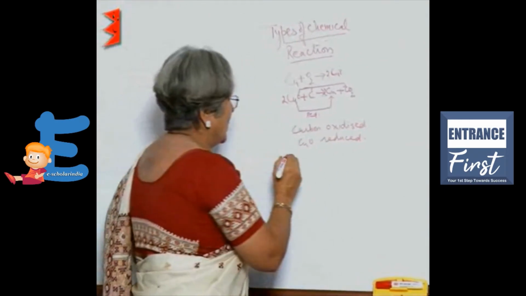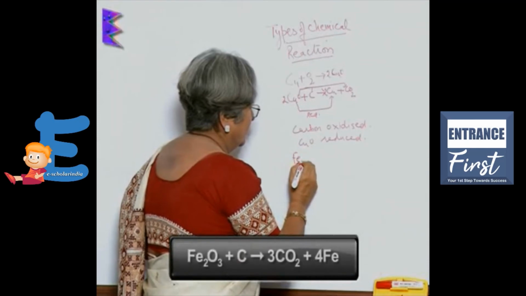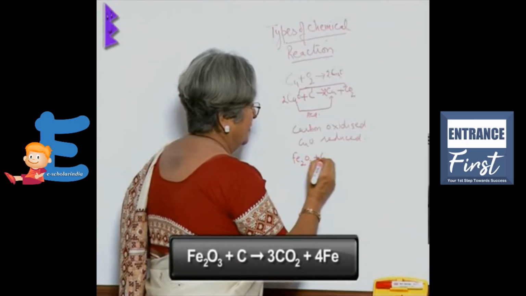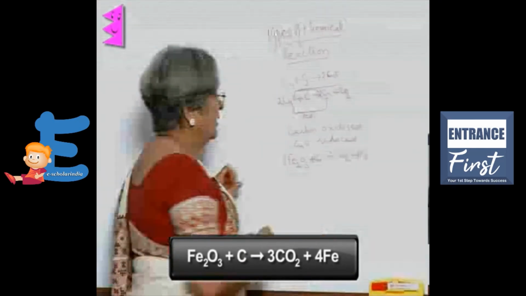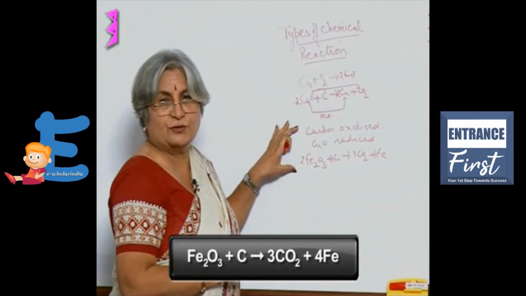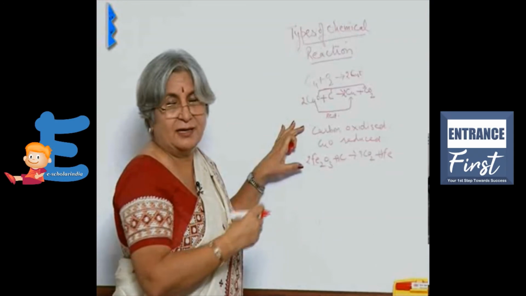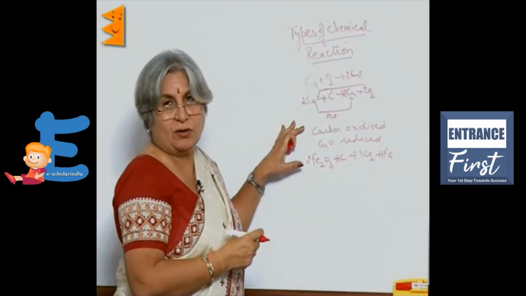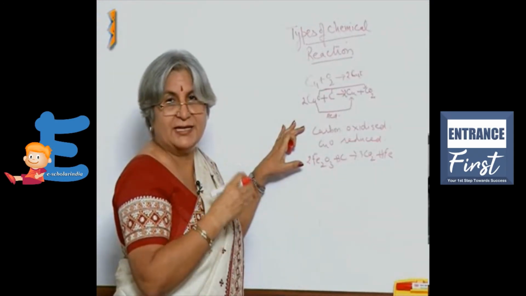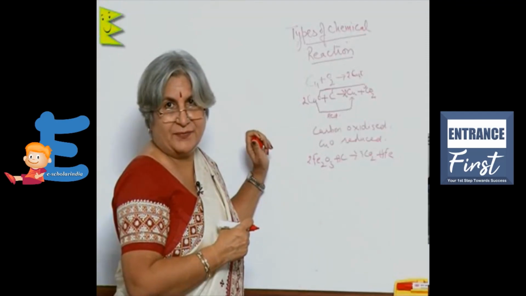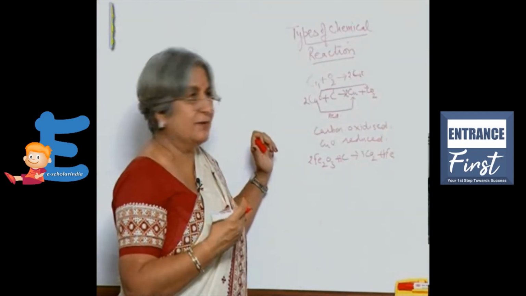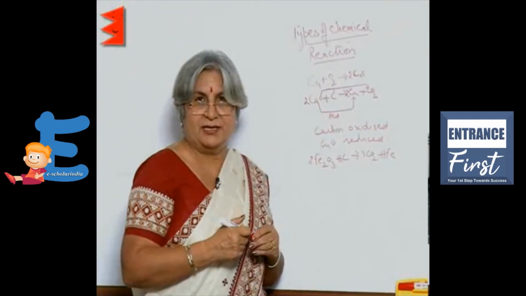Even in the case of iron, same thing happens. Now this method is also used for extracting metals. When we are manufacturing iron or zinc, we heat the oxides with coke to convert them into their metals. When we study metals and non-metals, we will study this in more detail.